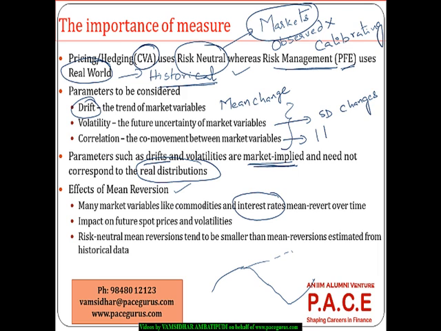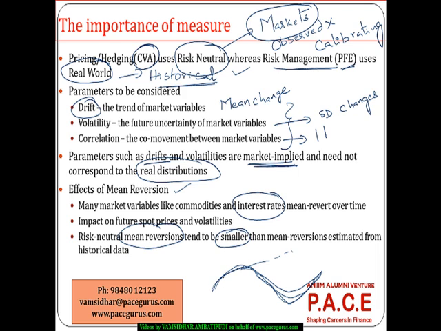For those kinds of market variables, even if I don't observe the real world data, I could see from the historical data also that they may come back to a long-term average level. But when I am doing it from a risk neutral perspective, the calculations will be much smaller.